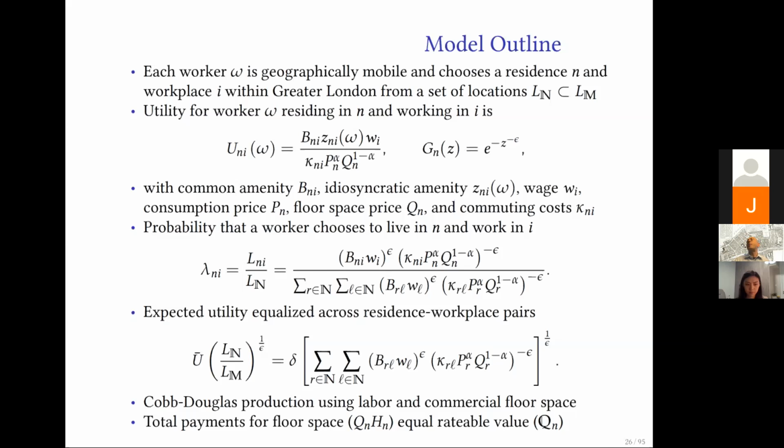And so there's a composition effect. Better commutes attract workers with lower idiosyncratic draws. And so on average, once you take into account the idiosyncratic draw, the mean expected utility turns out under this extreme value distribution to be the same across all choices, which enables us to have an equilibrium model where people are thinking about living in London or the wider economy.